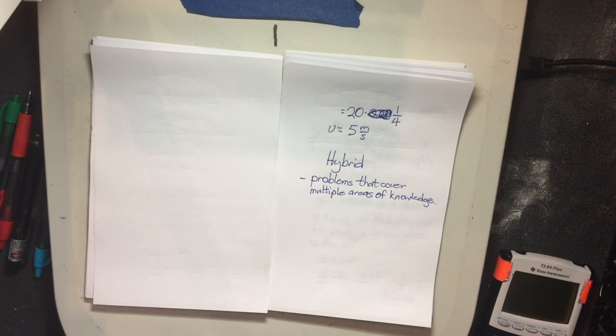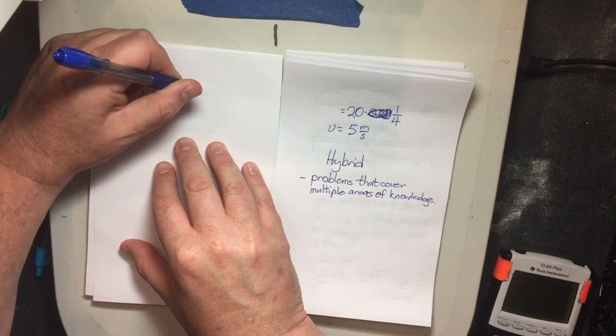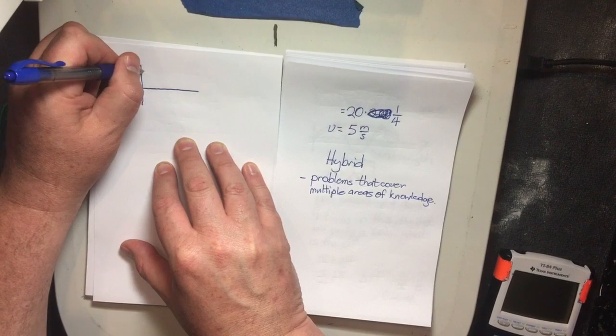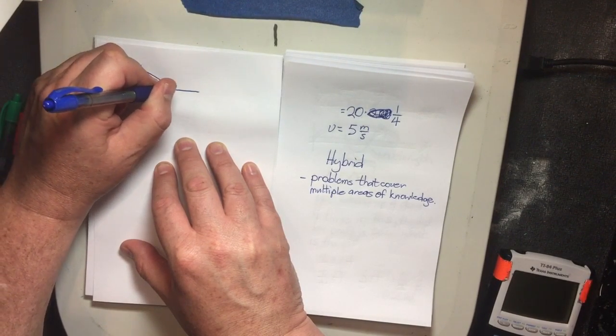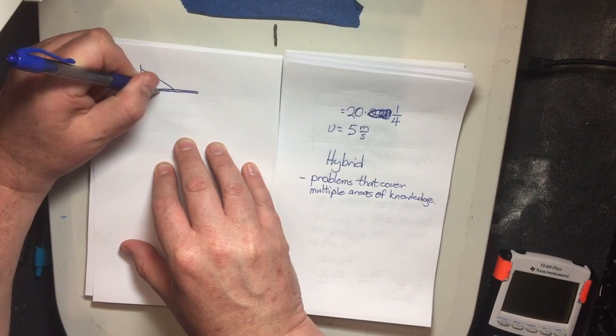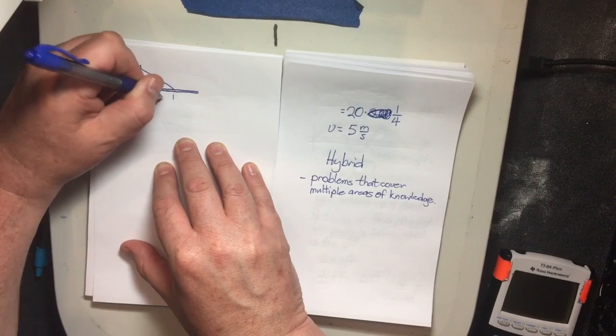So what I started doing is piecing together, like, let's do this. You have this massless post. That's distance x1.